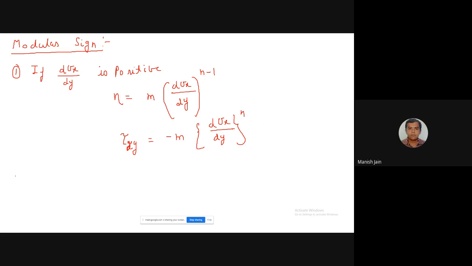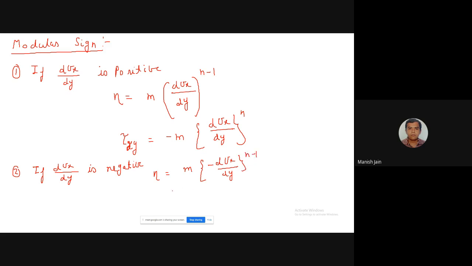And second part, if dvx by dy is negative, then eta equal to m in bracket (minus dvx by dy) to the power n minus 1.